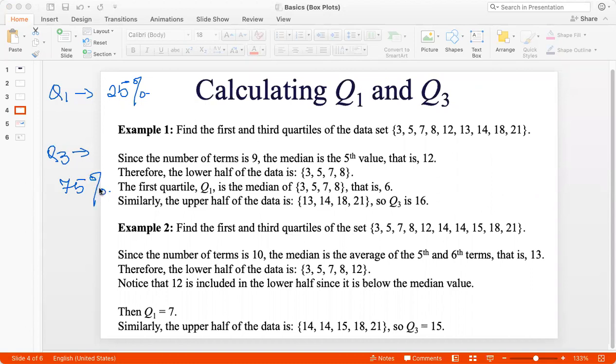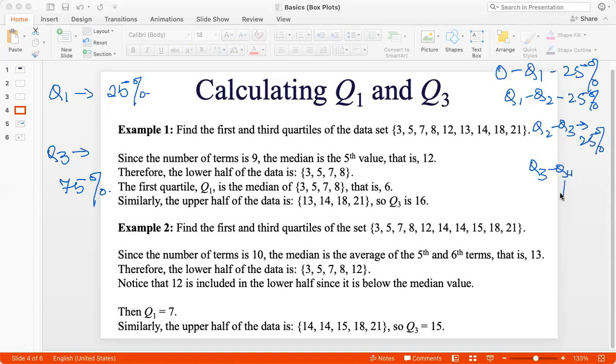Because 0 to Q1 is 25%, Q1 to Q2 is another 25%, Q2 to Q3 is another 25%, and Q3 to Q4, where Q4 is the largest value, is the final 25%. So if you go from 0 to Q3, you're covering 75% of the data set.